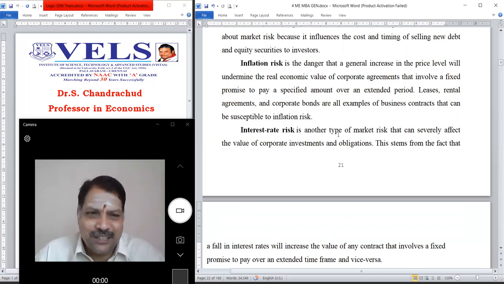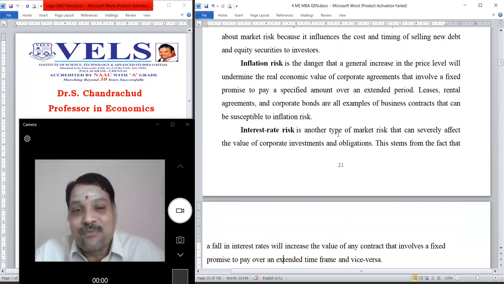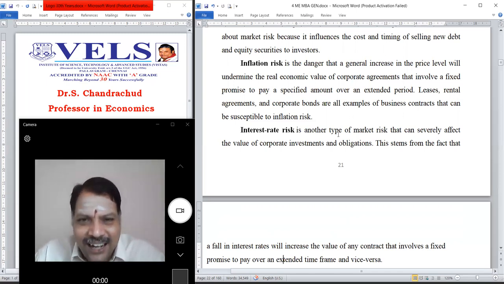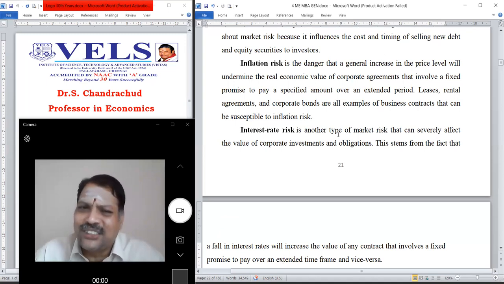This corporate agreement involved a fixed promise to pay a specific amount over an extended period. Because of inflation, it is a real economic value in a corporate agreement. When you promise that I will pay this much amount every month, suppose there is an inflation rate, you have to pay more for that particular thing.